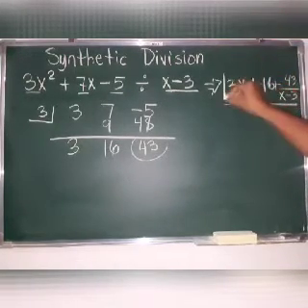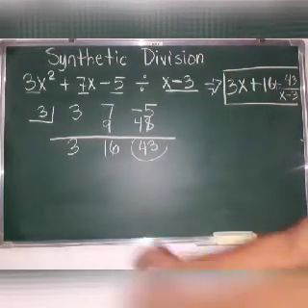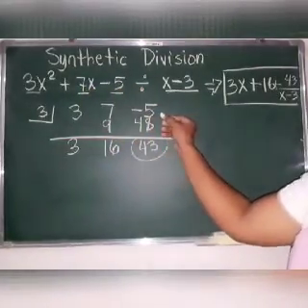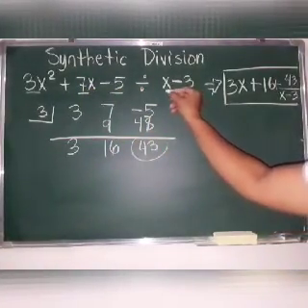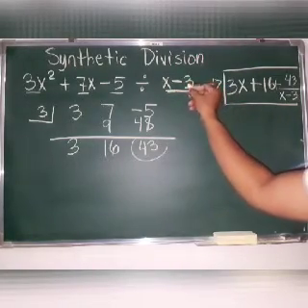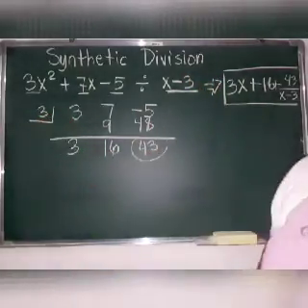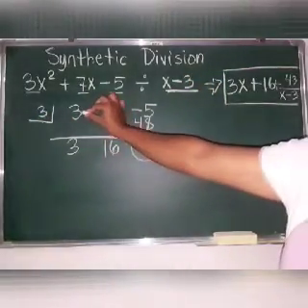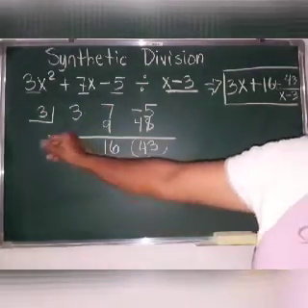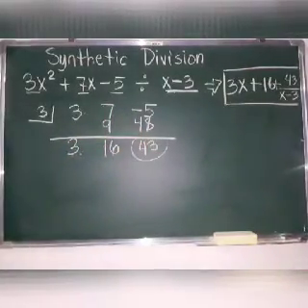Okay. So, ganyan lang siya kadali. Ulitin natin. First, isusulat natin ang mga numerical coefficient. And then, yung number sa divisor, kung negative ito, gagawin natin positive. Kung positive naman, gagawin natin negative. And then, the first term, or first number will be bring down, and then multiply to the divisor, and then write it to the next number.